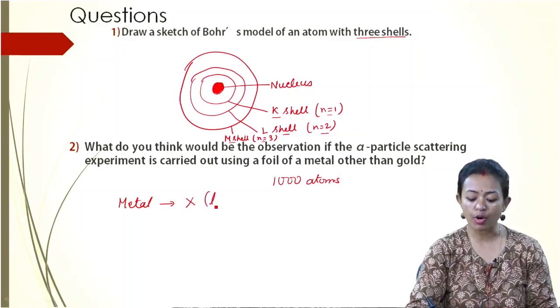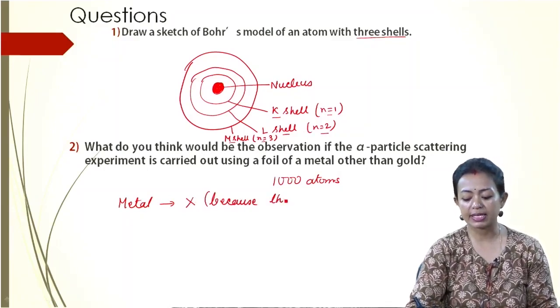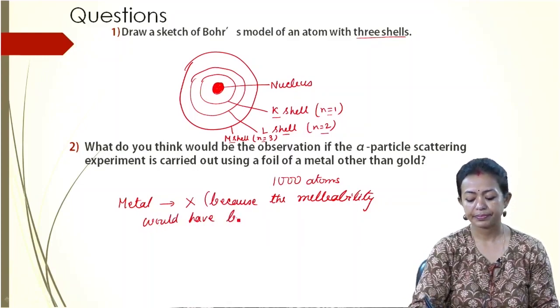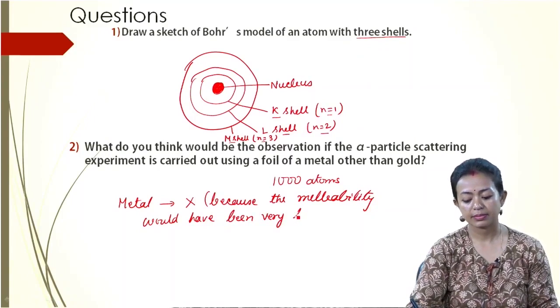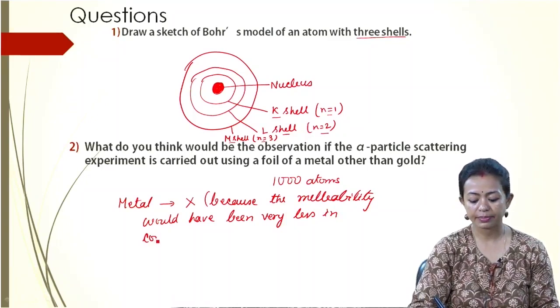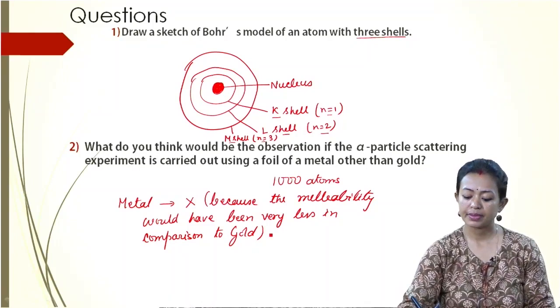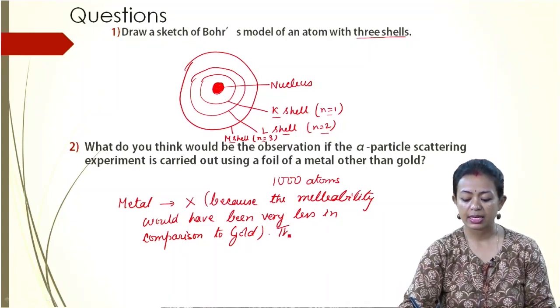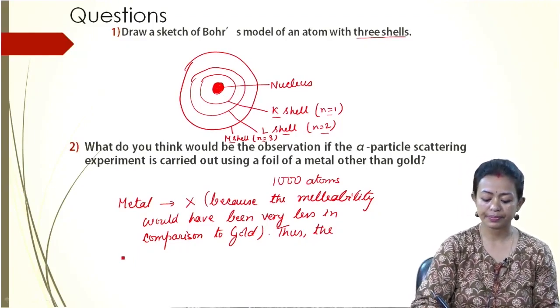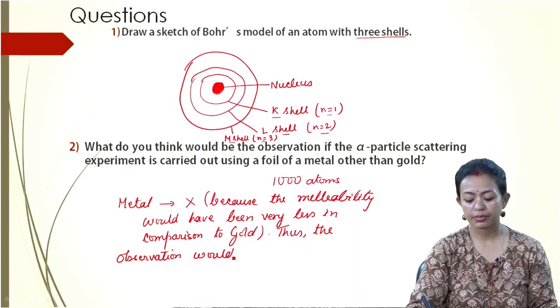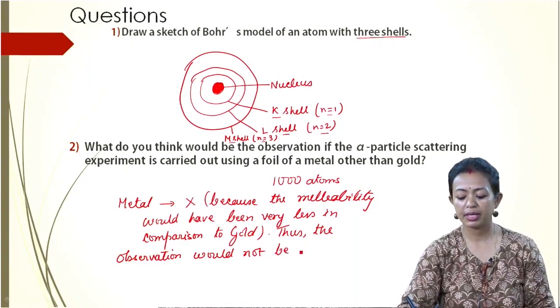So this clearly states that if we had any other metal, it would not have been applicable, because the malleability would have been very less in comparison to gold, where gold is highly malleable, and thus the observation would not be in accordance.